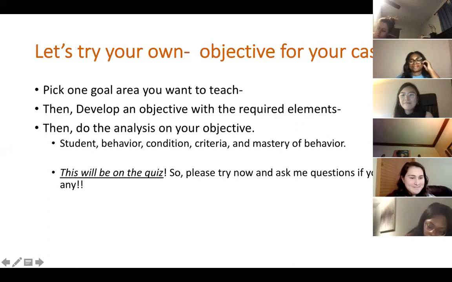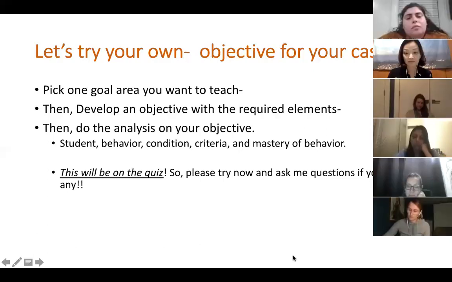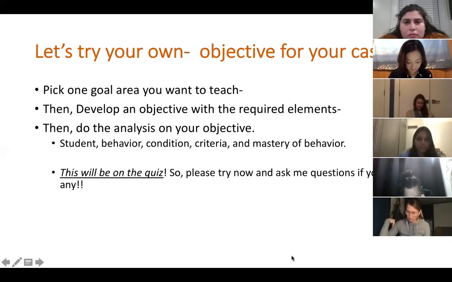Perfect. Corindia, you want to share too? Yeah, given a worksheet of 10 addition problems with the written instruction, find the sum. Beatrice will complete all problems with 50% accuracy for 4 or 5 consecutive math sessions.